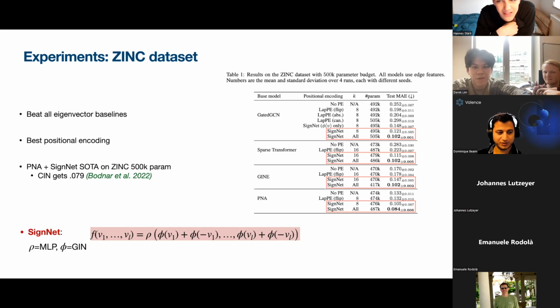And in the field of graph neural networks, where we've been using eigenvectors and eigenvalues for a long time, and kind of thinking that this sign problem and this basis problem are almost unsolvable and we just have to deal with that, in your paper you actually propose a super elegant solution that can be used in any kind of network super easily. So I really want to thank you for this talk.